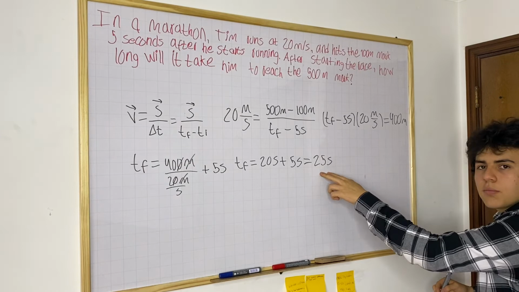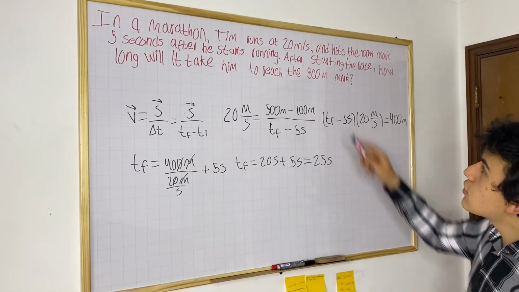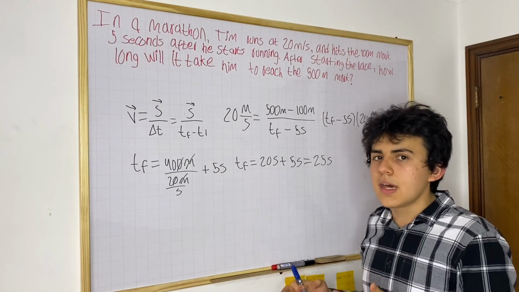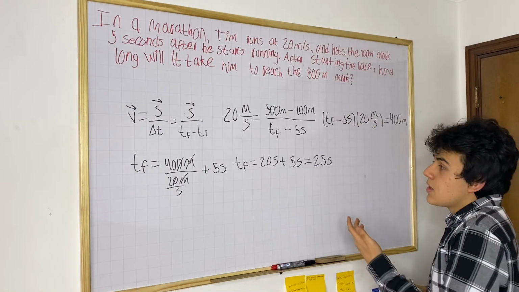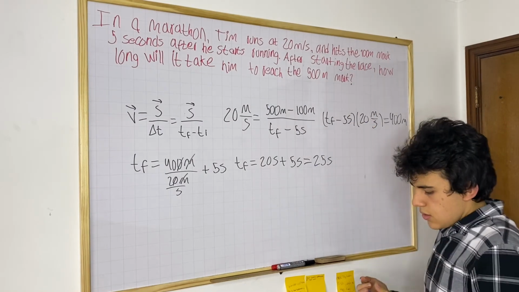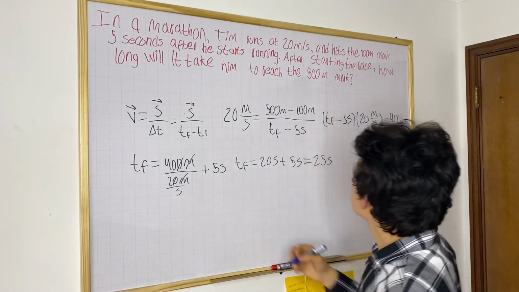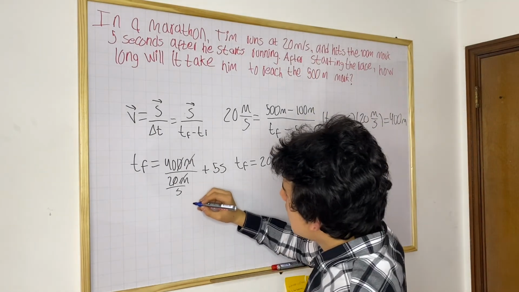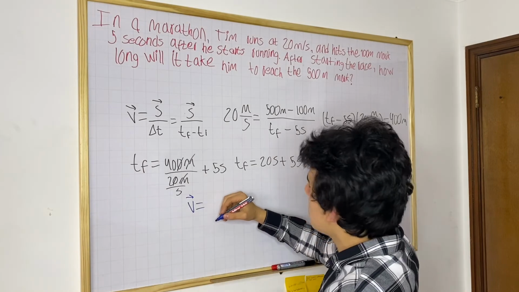Now, is this measurement right? Well, let's see that. We know that if he's traveling at 20 meters per second, it should be congruent that he reaches 500 meters of displacement in 25 seconds, which means that we should get that. Let's find speed, for example. Not speed, velocity, I'm sorry.